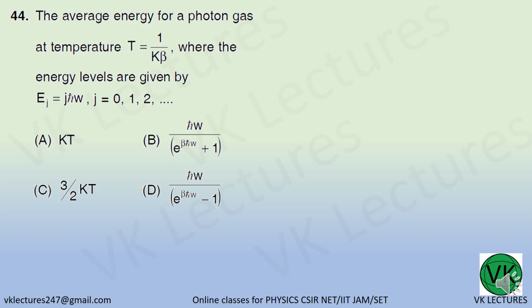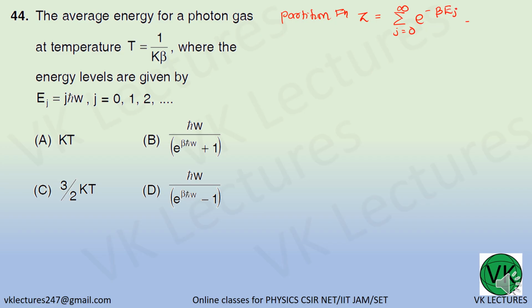Average energy of a photon gas at temperature T equal to 1 by kB, where the energy levels are given by Ej equal to j h cross omega, j equal to 0, 1, 2, etc. Now for average energy, we have to first find out the partition function. So partition function Z is equal to the sum over j equal to 0 to infinity of e raised to minus beta Ej.